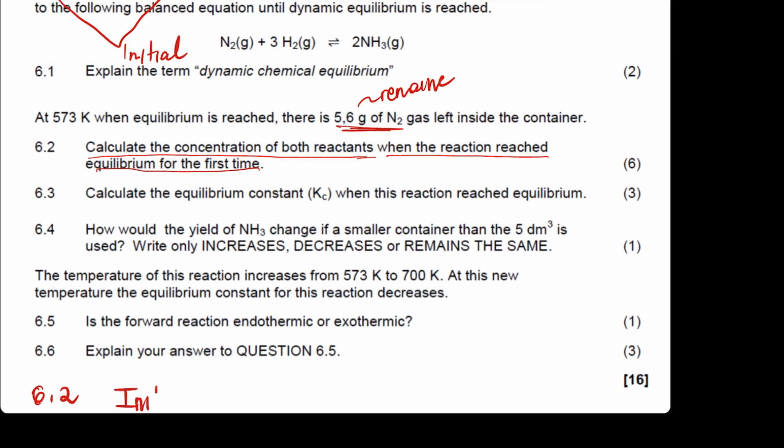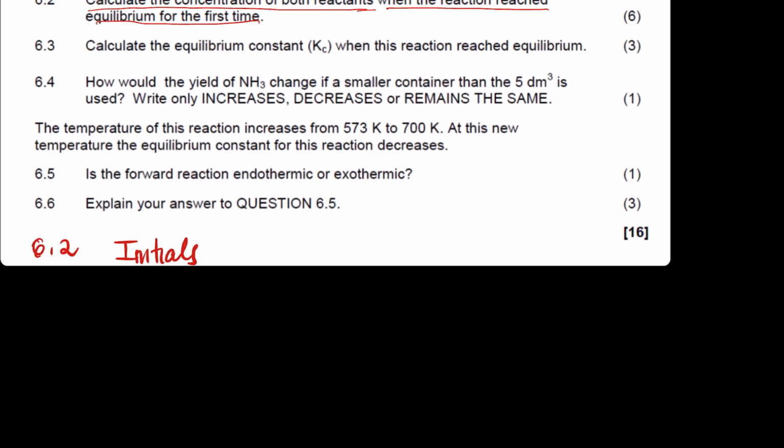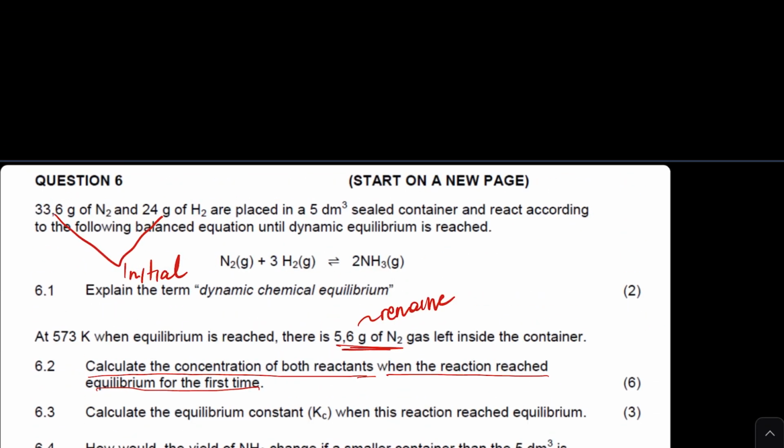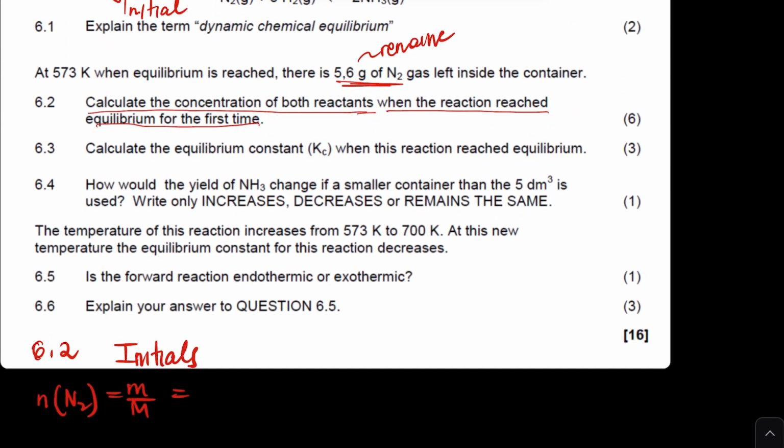So the initials: number of moles of nitrogen is equal to mass over molar mass. That is 33.6 divided by the molar mass of nitrogen, 14 times 2. When you punch that in the calculator, it's going to be 1.2 mole.